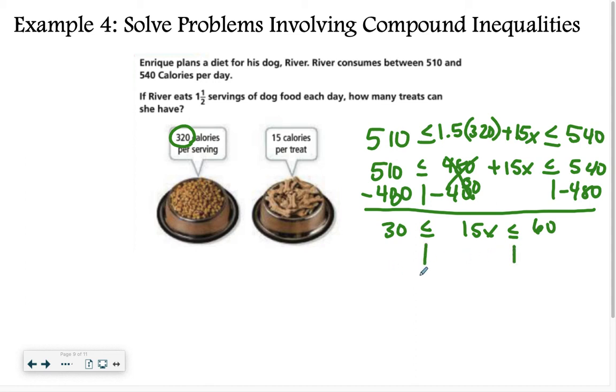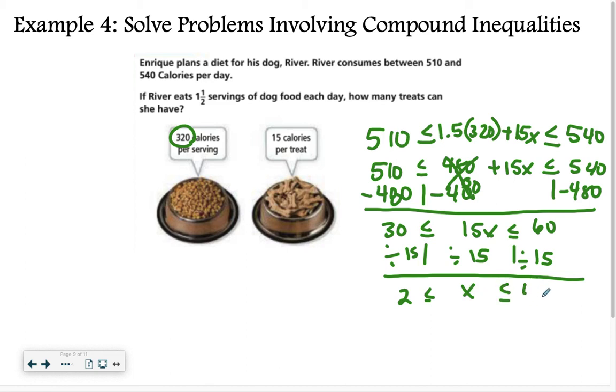Then again, to get x by itself, I need to divide by 15 on all of the sides. So then 30 divided by 15 is 2, and then 15x divided by 15 is just x. 60 divided by 15 is, not 40, sorry, 4. And it erased everything. That's fun.